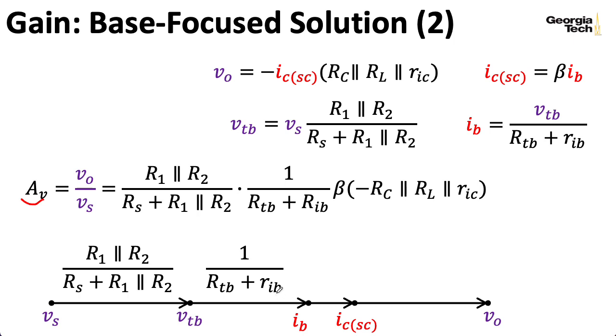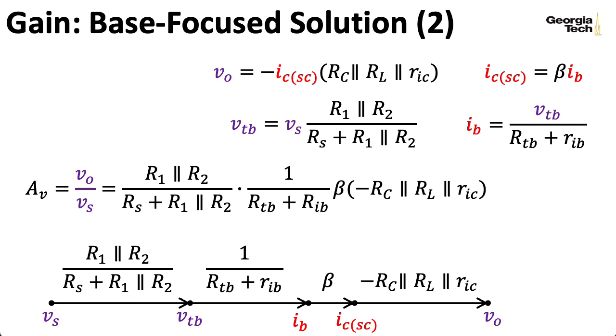And then we just multiply by beta in order to get the short circuit collector current. And then we multiply by this parallel combination of resistors, being sure to include this minus sign in order to actually get the voltage at the output. So that Mason flow graph is just another way of trying to organize this computation in your head.